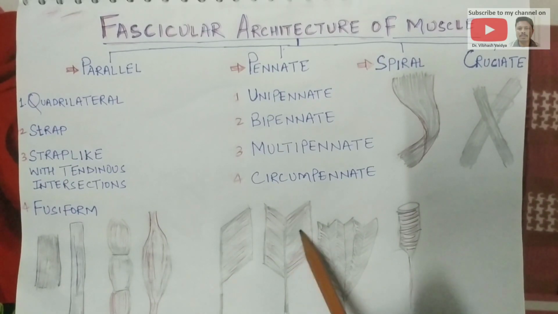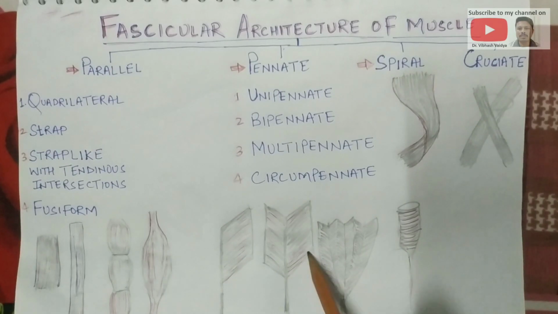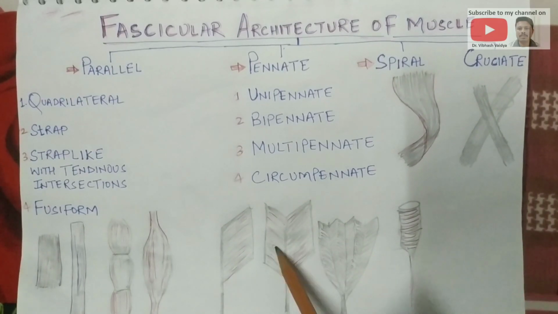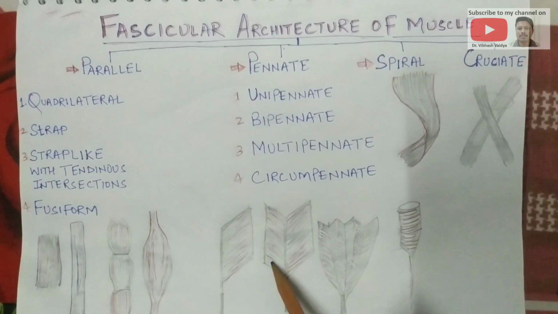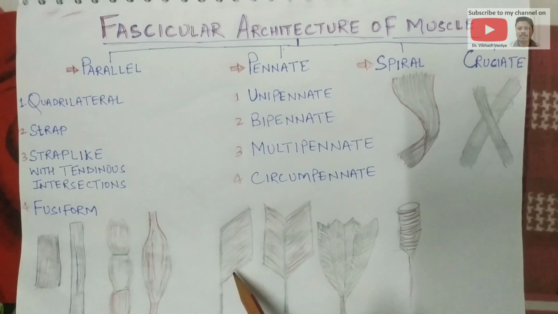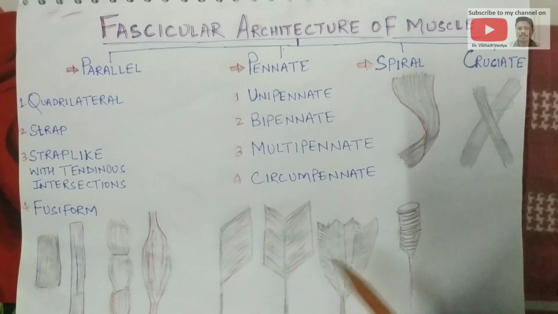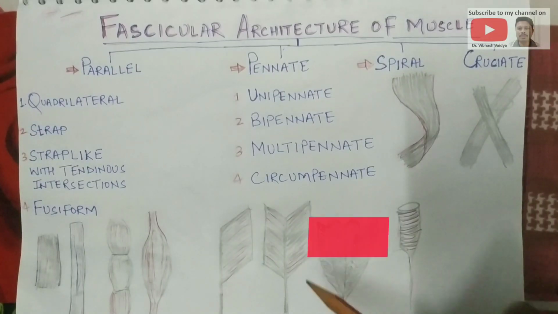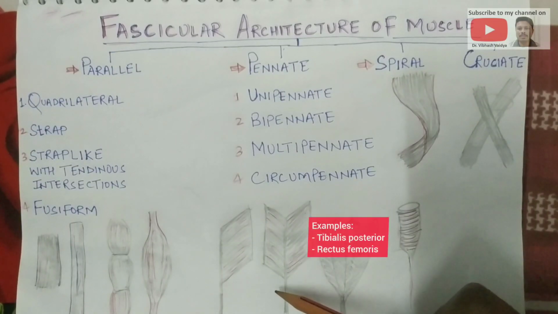The bipinnate muscle gives the appearance of a whole feather, while the unipinnate gives the appearance of only half a feather. Examples of the bipinnate are the tibialis posterior and rectus femoris muscles.